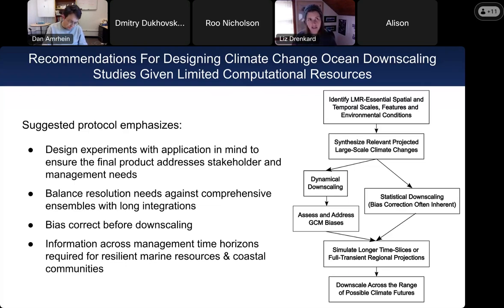So we like to use those time slices when it's adequate to just say, here's what the last 10 years have been versus the last 10 years, for example, of the end of this century. Sometimes that's adequate, and other times we really need to have a sense of that changing system over time. So these are all wrapped together to consider when you put together a model and when you're designing these experiments.